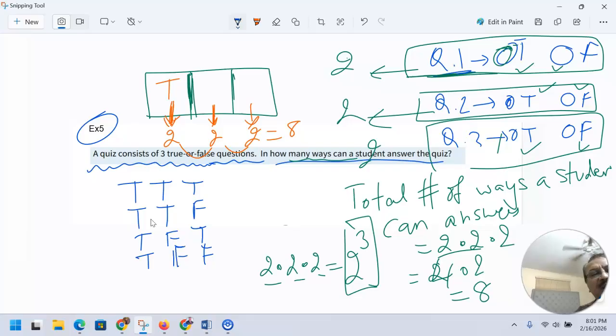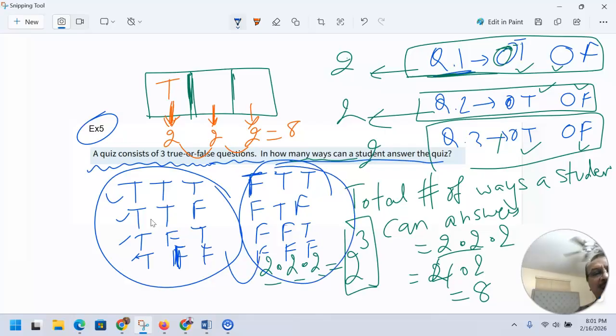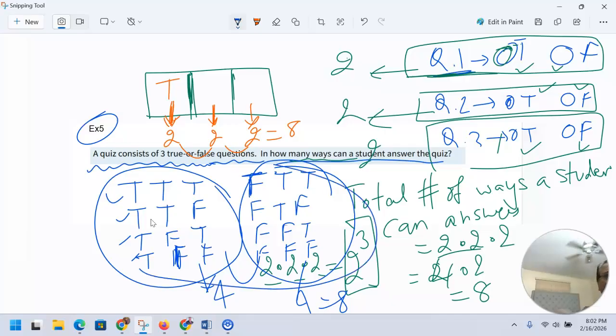So like this, we can figure it out. This is if the first one I select is true. Or you can select the first one as false, and then again the second and third follow the same options. You can see clearly the visuals are there. These are four and these are four, altogether 8. So one is the visual way of writing and figuring it out.